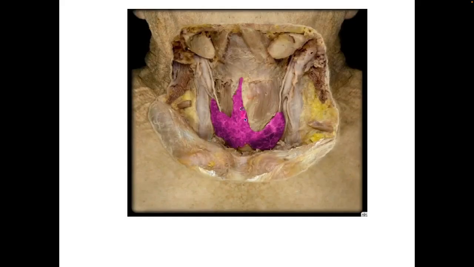Now, this is something interesting, what we can see here. We read about only two lobes, so what is this? So sometimes a third lobe called a pyramidal lobe can be present, which comes from the upper part of the isthmus. That's all.